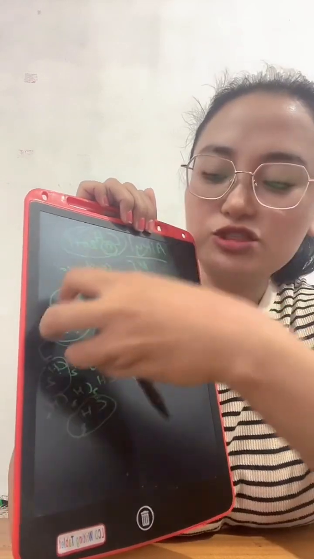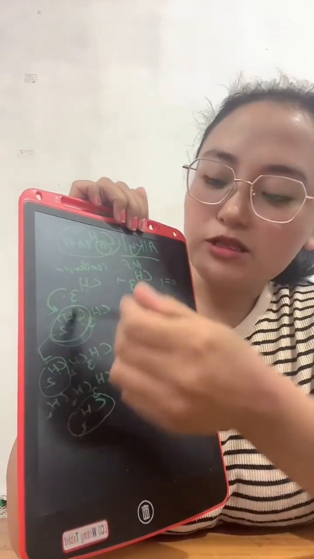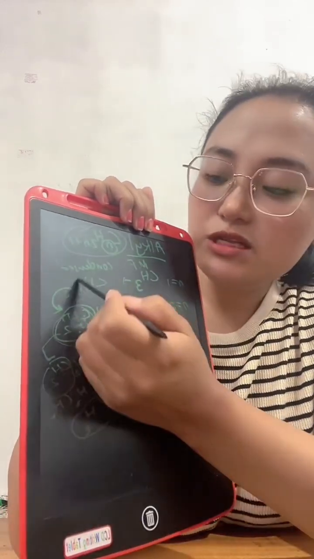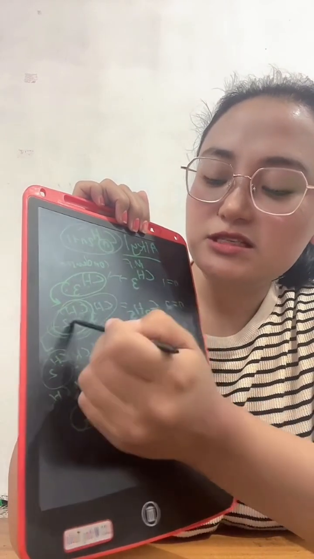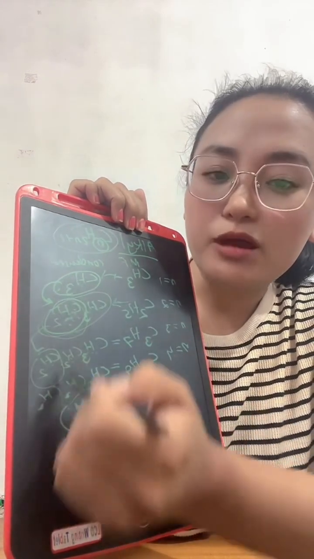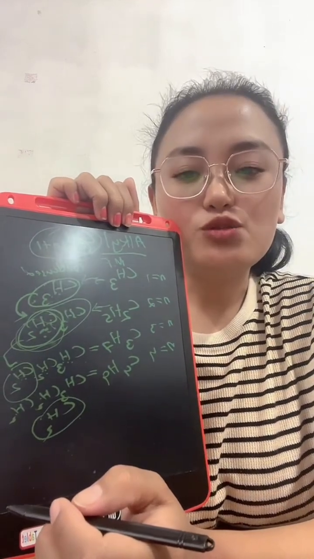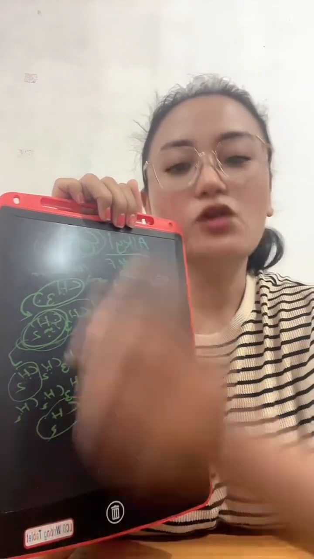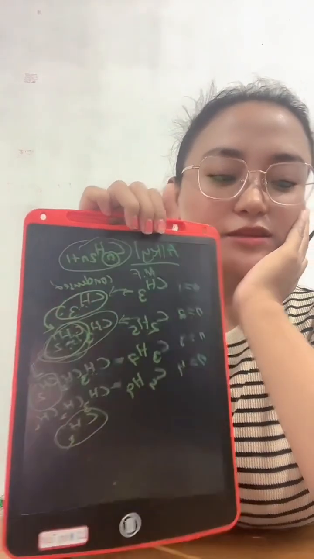Each individual member in that homologous series is called a homolog, HOMOLOGUE. I hope I'm clear what a homologous series means.